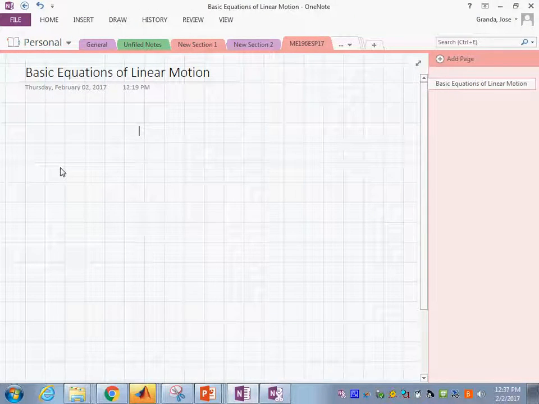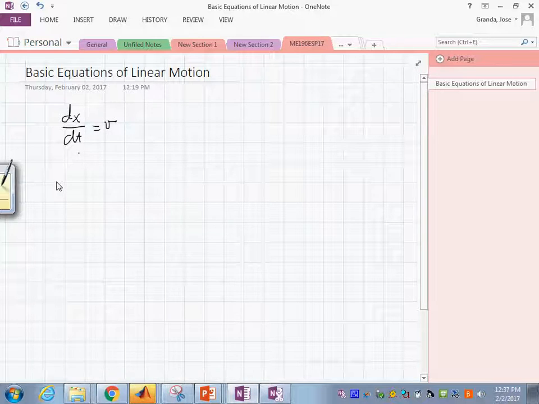So this is just like I have a blank sheet of paper in here. I am going to write down the basic concept that you have: dx/dt is the velocity.